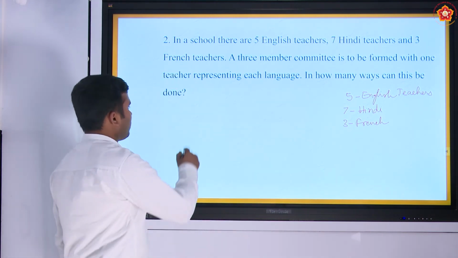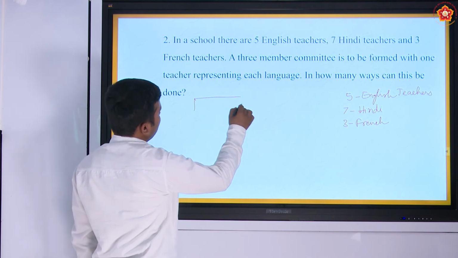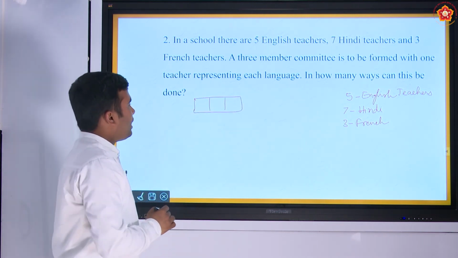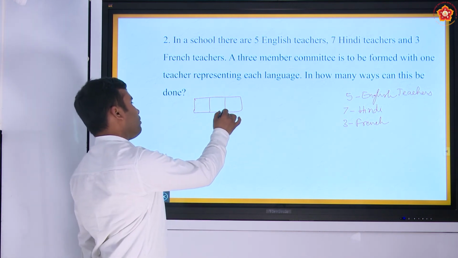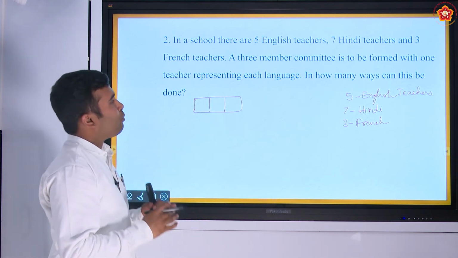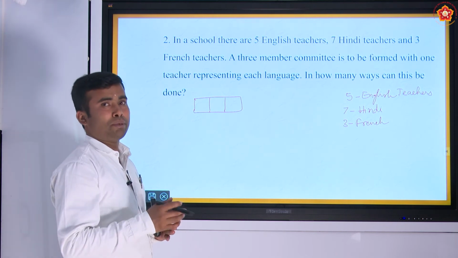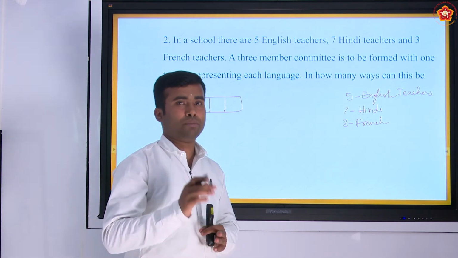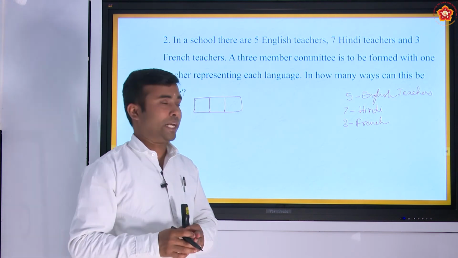So there will be 3 vacancies. There will be 3 members in the committee, and in how many ways can we form a committee of 3 members where all 3 languages must be there?